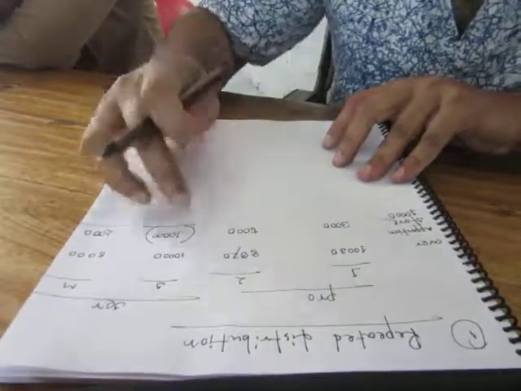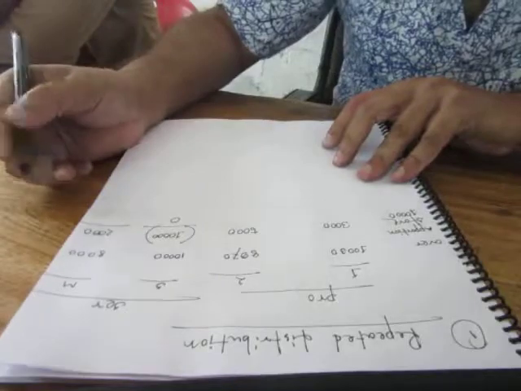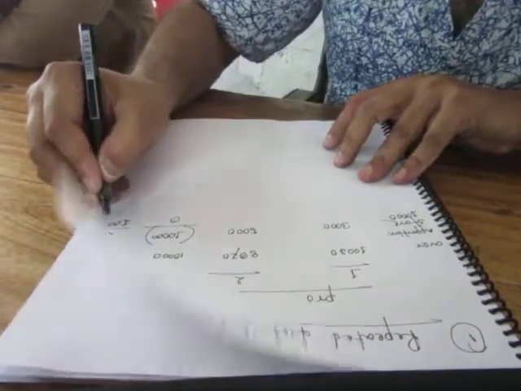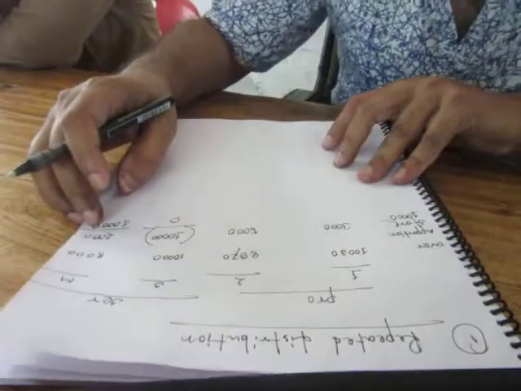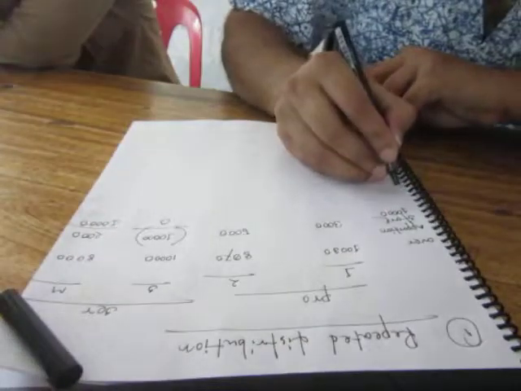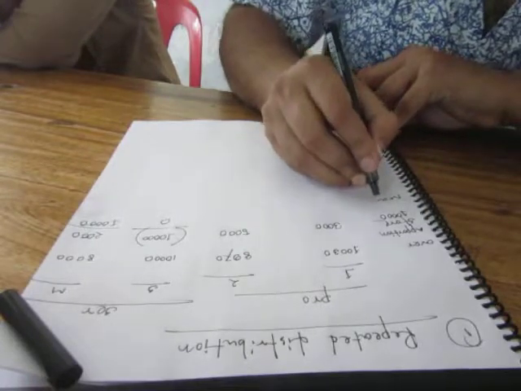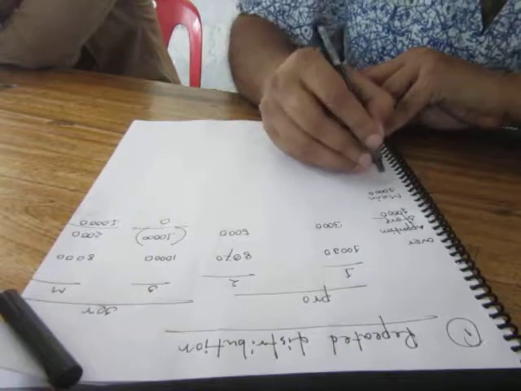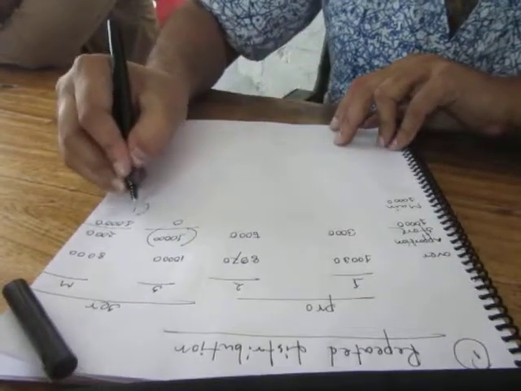Now the store is 0, and the maintenance overhead becomes 10,000. Clear? Okay. Then this maintenance 10,000 should be apportioned.